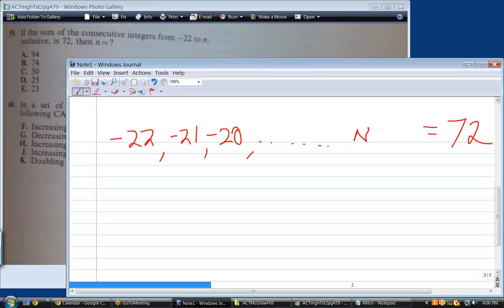I'm going to give you a hint. What are these numbers total? 0. That's your hint.